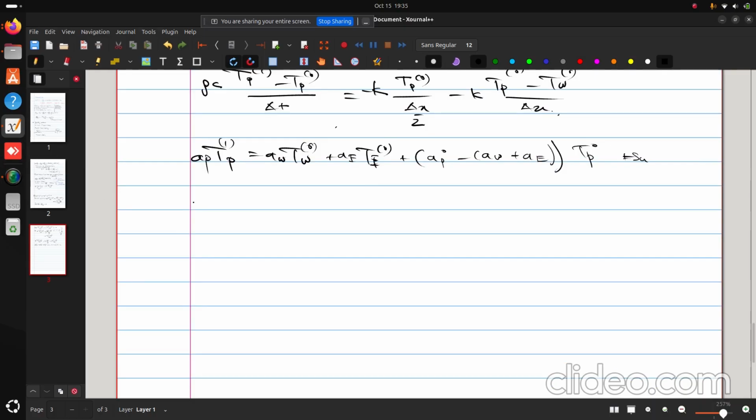Now we have to define what is AP, AW, A east and SU for the different cells, right? Different nodes. So let's write them down.